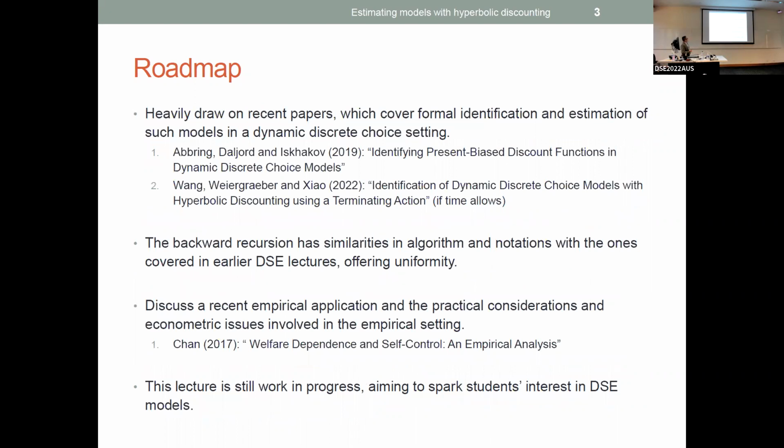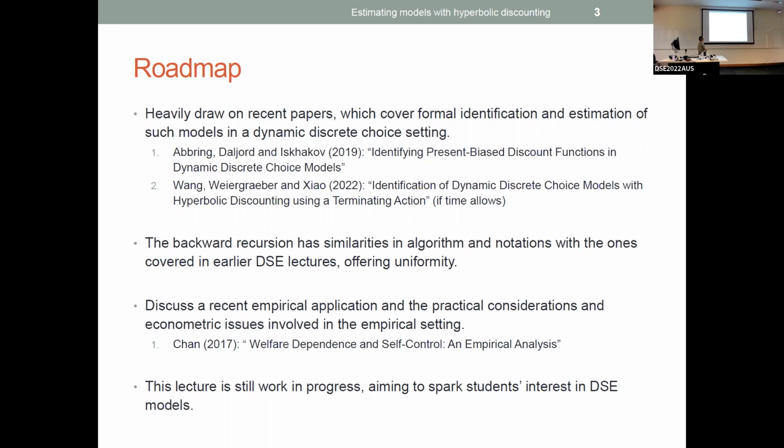I'll heavily draw on recent papers, which I find to be more exciting. So I tend to move on to various different topics that excite me, and perhaps you feel the same. And these recent papers cover formal identification and estimation of such models in a dynamic discrete choice setting.